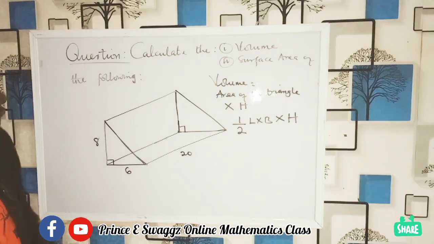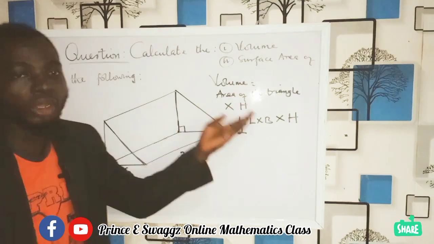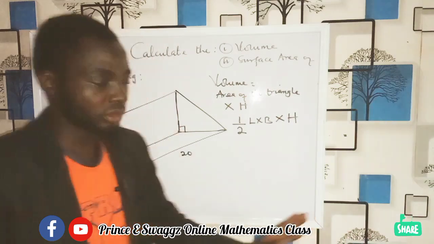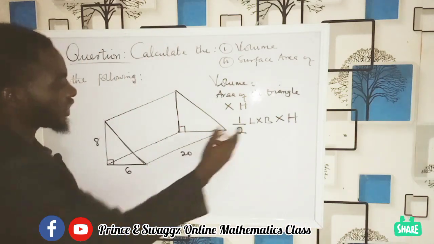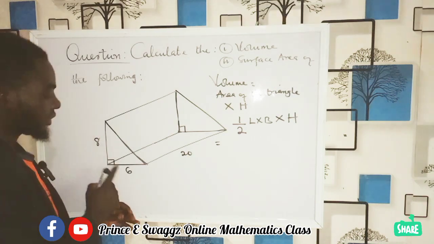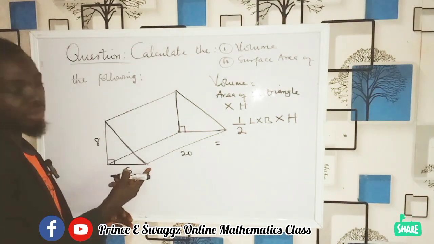So the formula for calculating the volume of this shape is 1/2 length times breadth times height. Then what's my length? This 8 is my length. This 6 is my breadth. And this 20 is my vertical height.